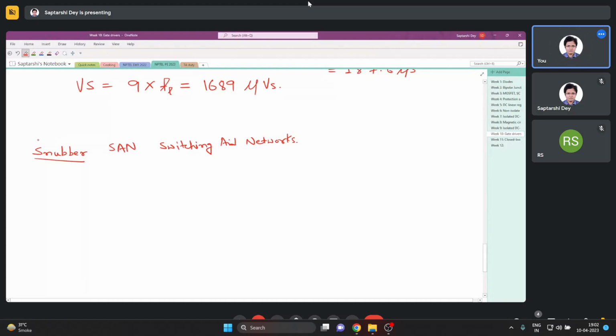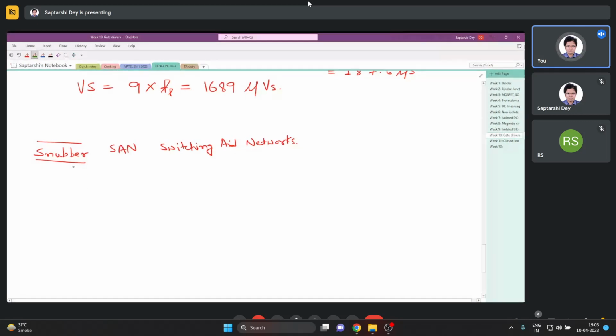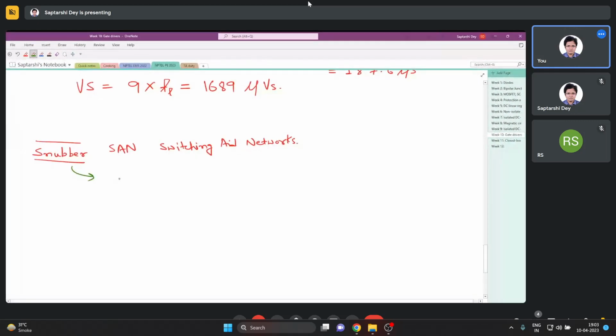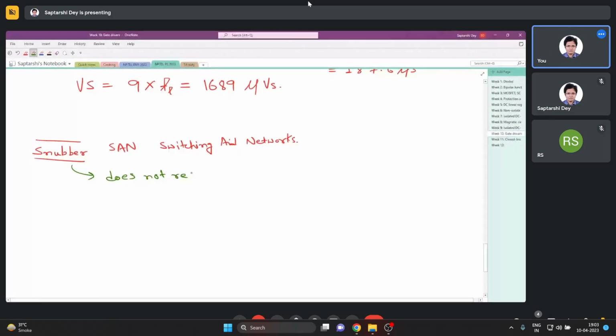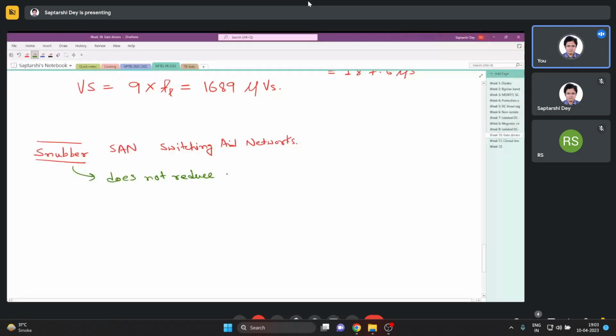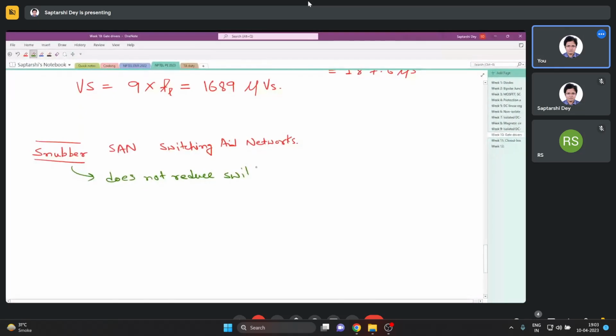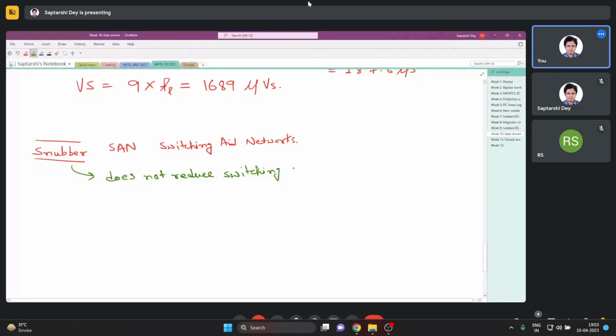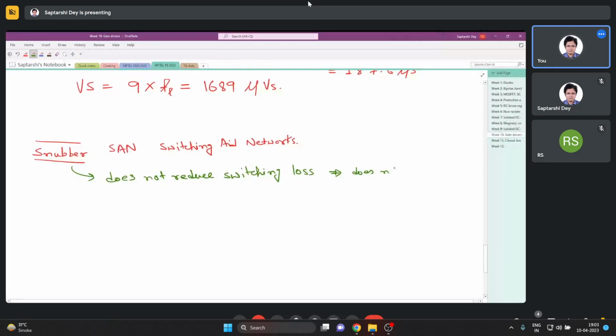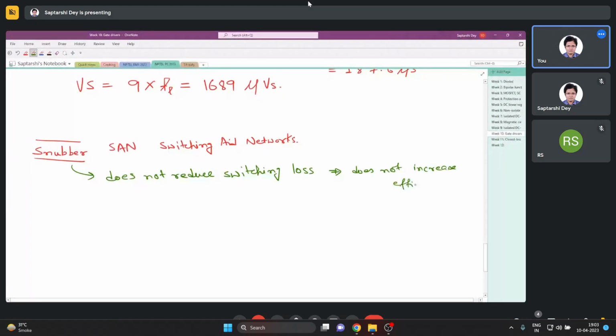What you must keep in mind about a snubber is that it does not reduce switching loss, or in other words, does not increase efficiency.